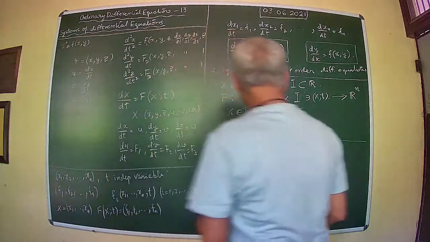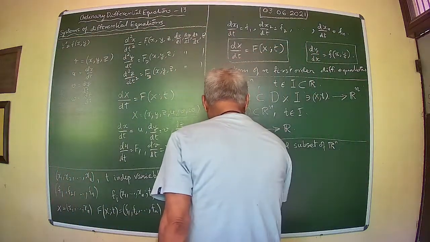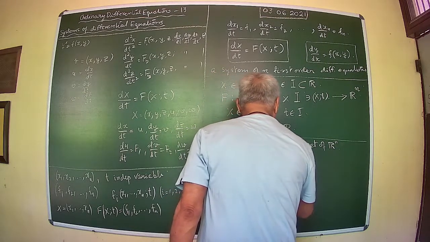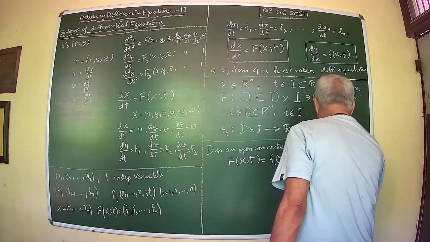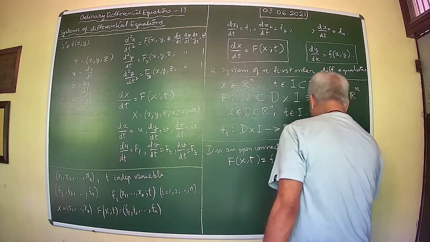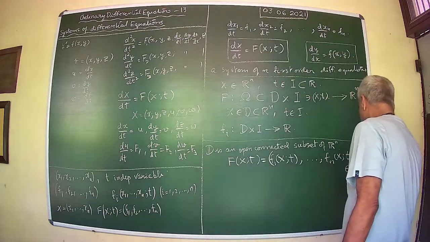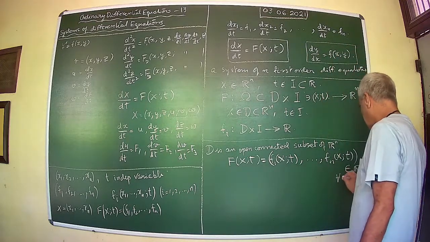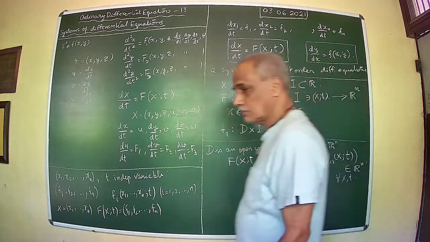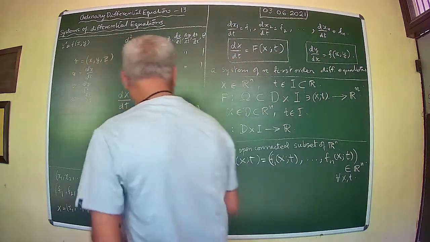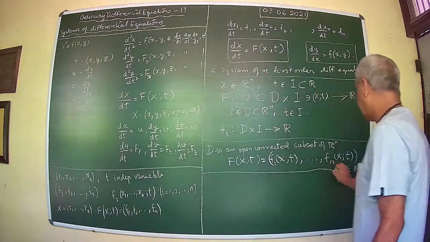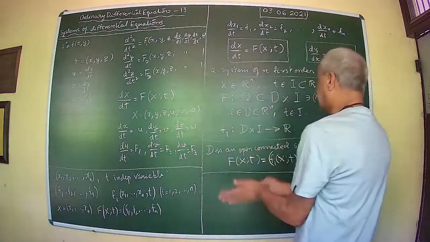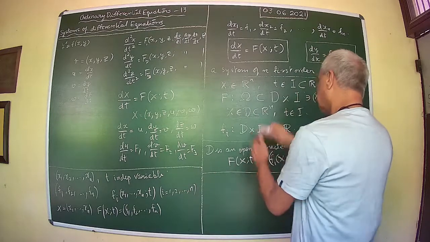Okay, so that is the structure of this. Now this clearly tells you that this omega is considered as a part of Rn plus 1.